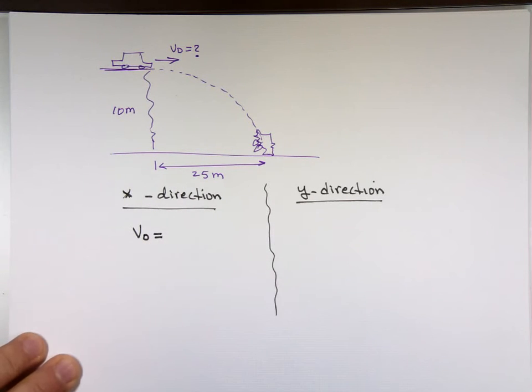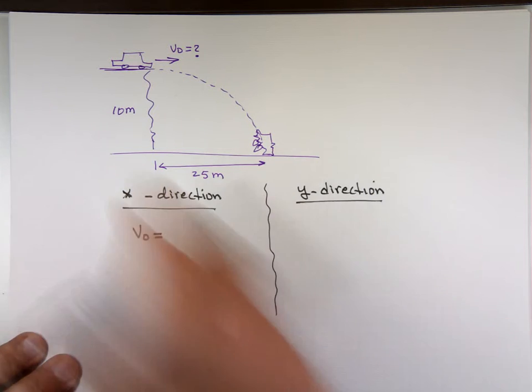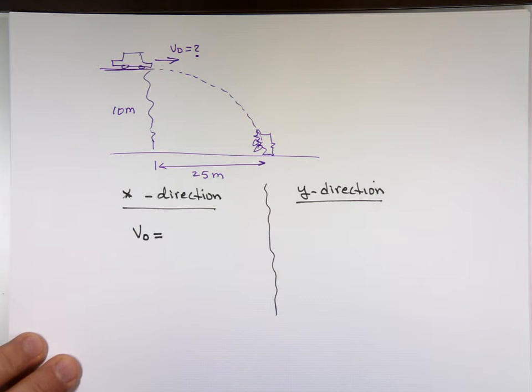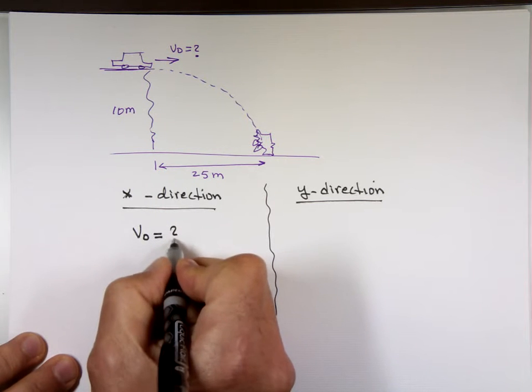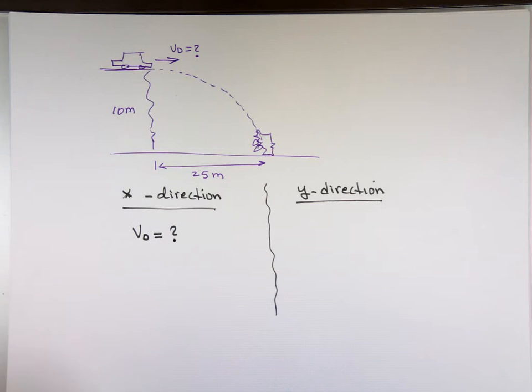How fast was the car going in the x direction? It can't be zero. If it's zero, the car will never go off the cliff, right? But we're not sure what that number is. Unknown. Well, I'm looking for it. In the x direction, the car was going horizontally.